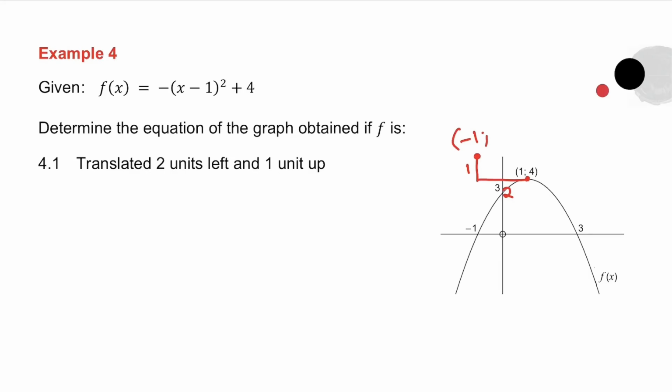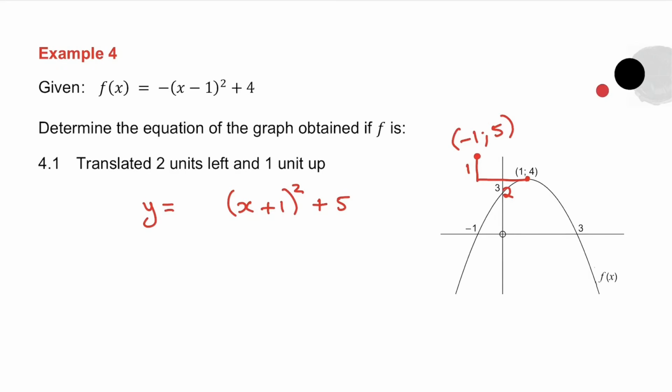The y value is 4, I go 1 up, so I get 5. So what is the new equation of my graph? It's y equals, my x value is minus 1, so it comes from the bracket x plus 1, all squared. My y value is 5, so there's a plus 5 on the end.